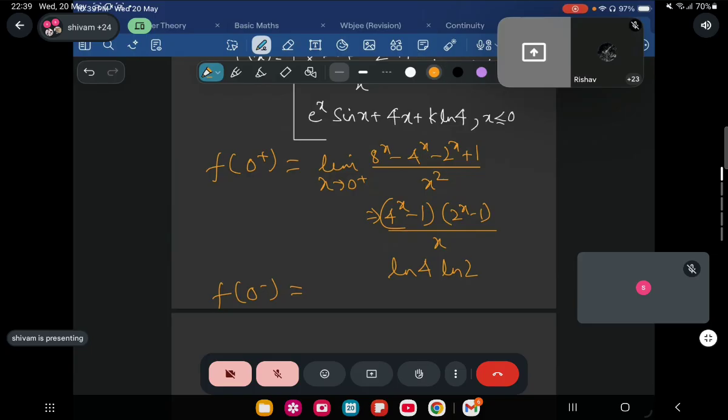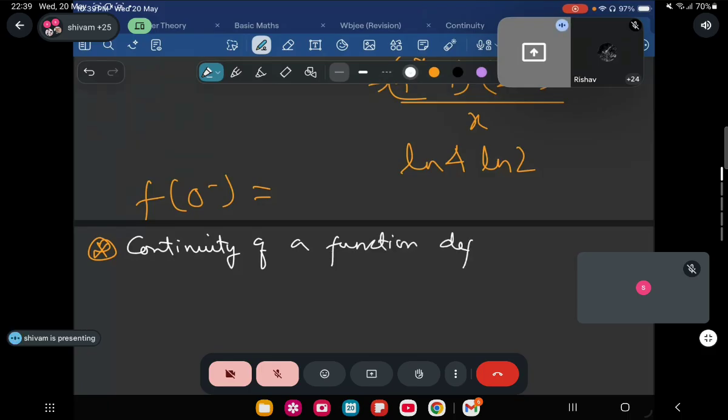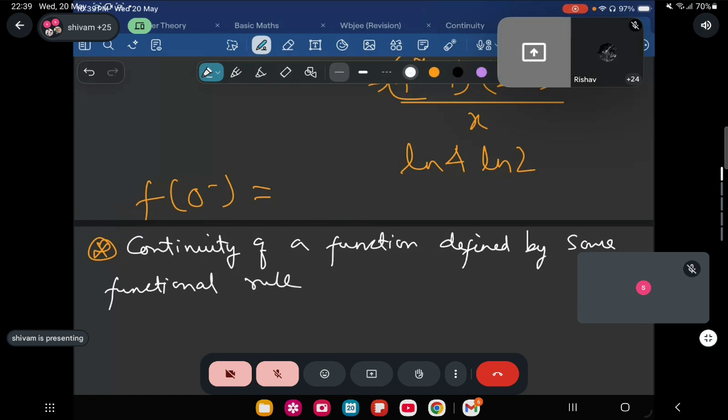Okay, so next, our next topic is continuity of a function defined by some functional rule.